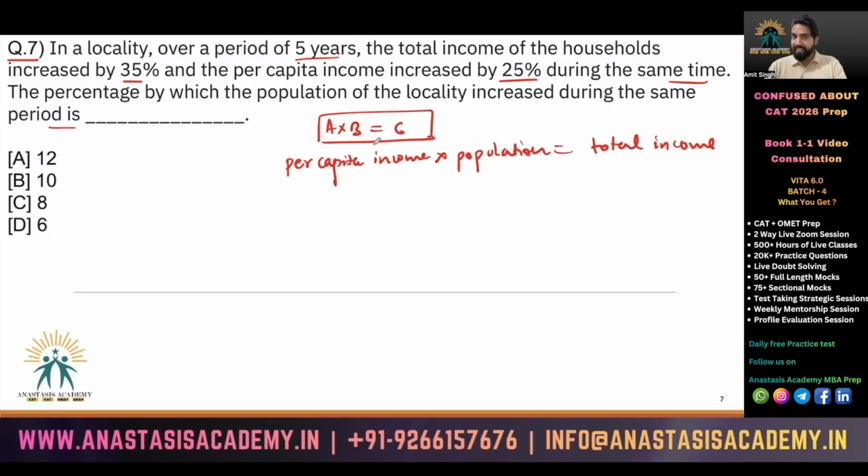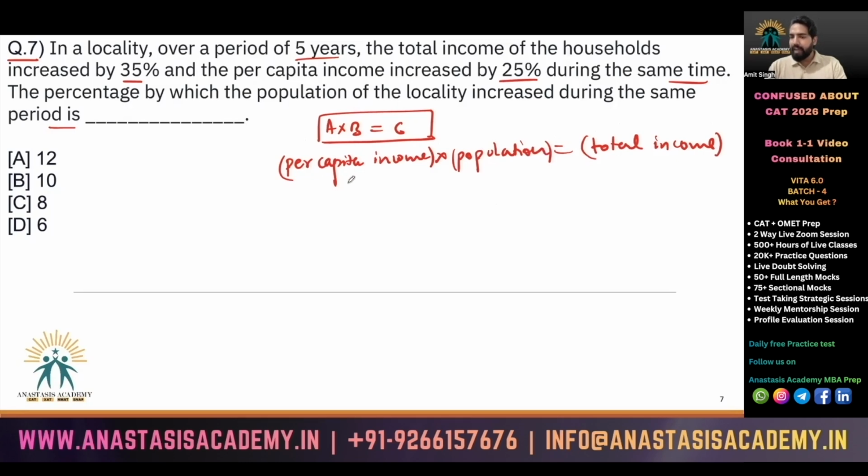And for this relation, if I have a percentage change of the first quantity, and if I have a percentage change of the second quantity, I can find the percentage change in the third quantity. But here I am given that per capita income increased by 25%, right?